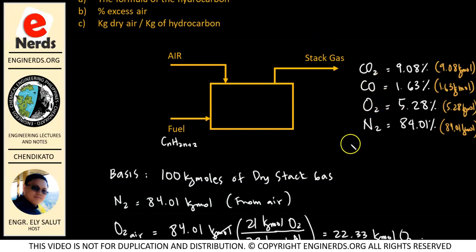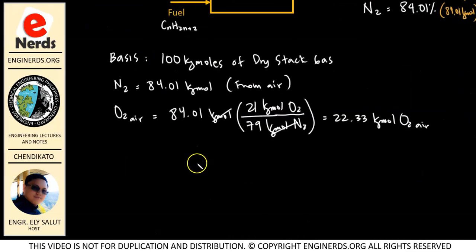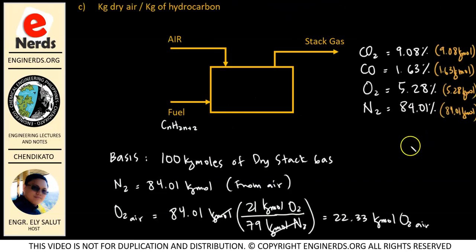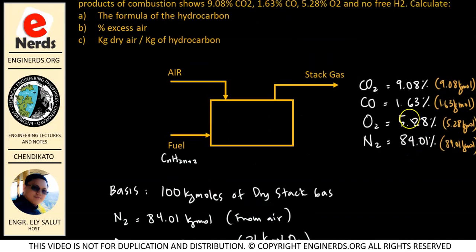Now, if we calculate all of this oxygen that was used, does it equal all of the oxygen that we supplied, the oxygen from air? It will not be equal since we have water. So, some of our oxygen has been converted to water. Okay? So that was not included here because we are considering Orsat analysis. So there is really no water in our analysis.